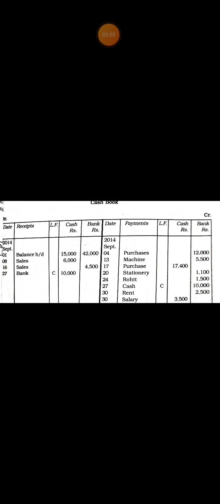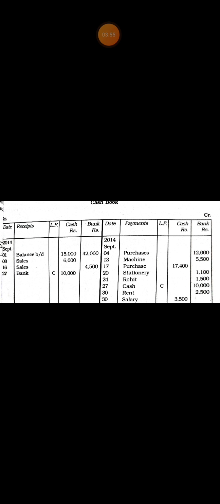Then cash withdrawn from bank. Cash withdrawn from bank is a contra entry. When we withdraw cash from bank, cash in hand of the business increases and cash at bank decreases. So on payment side, bank column 10,000. Receipt side, cash column 10,000. It is a contra entry.